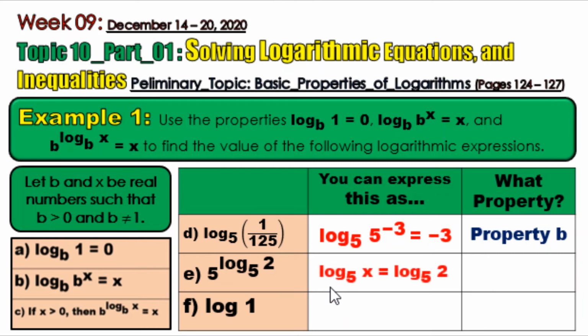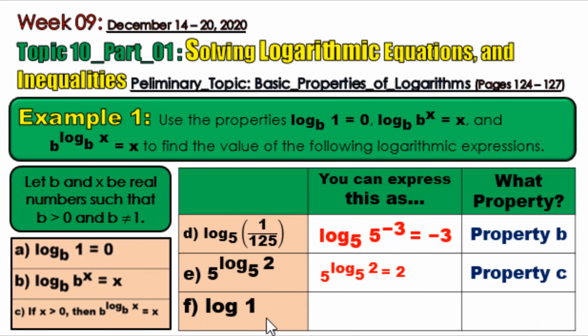We can express this as the logarithm of x to the base 5 is equal to the logarithm of 2 to the base 5. What do you think is the value of x? We have 5 and 5, therefore x is equal to 2, by applying property C. The answer is 2.